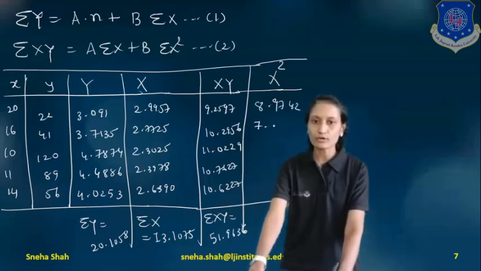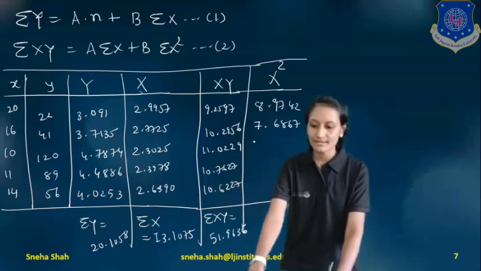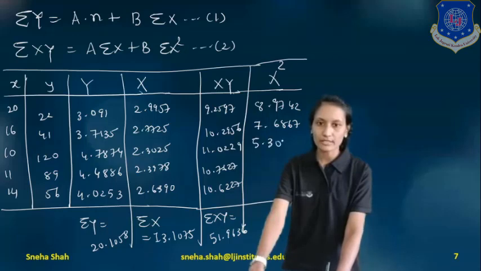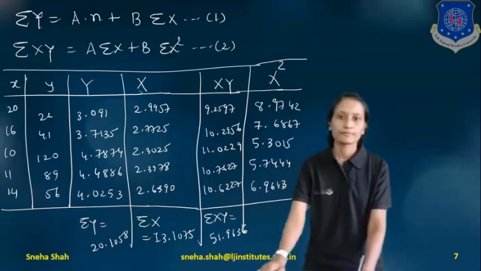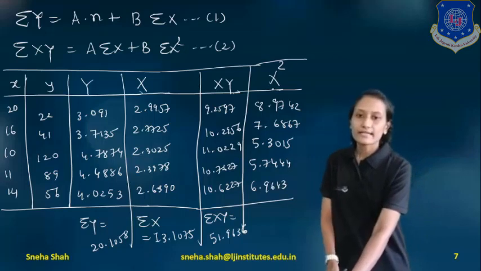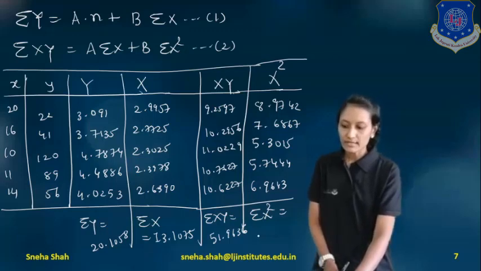Similarly, I will find all the other values like 7.6867. Next value will be 5.3015. Likewise, I will find all the other values. Now, if I am finding the summation of all these values, it will give you the term as summation x square.